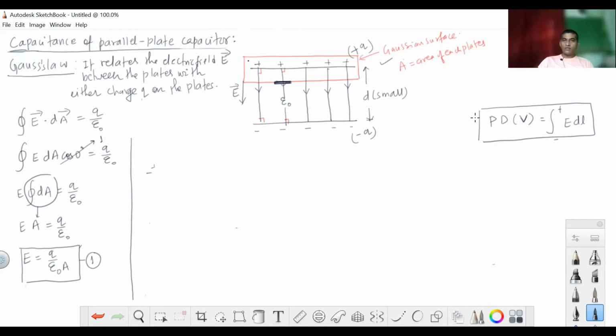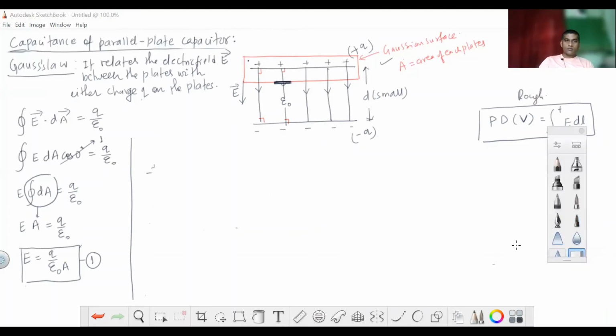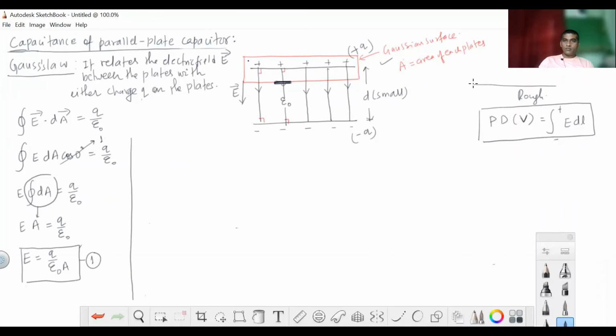So we have this. Now in this expression, we see the potential difference is related to the electric field.